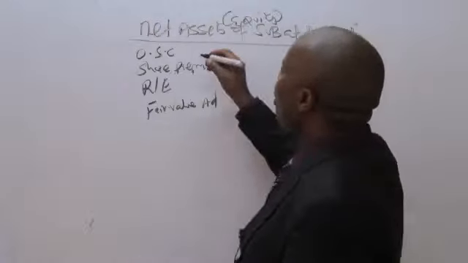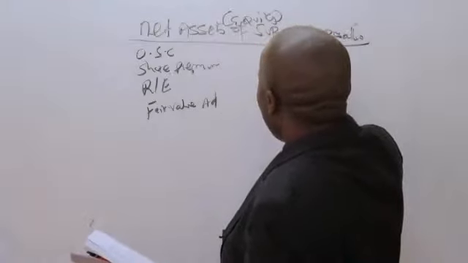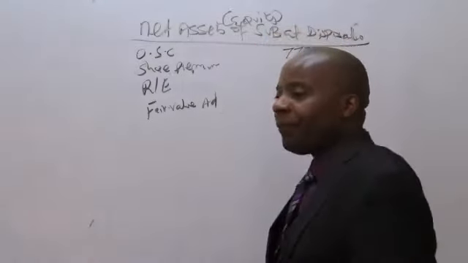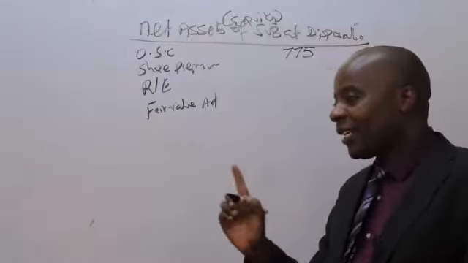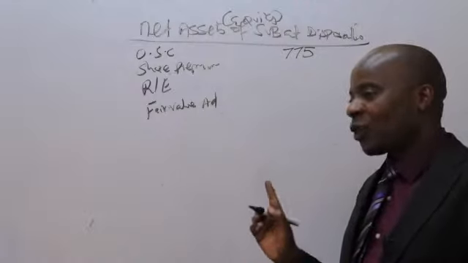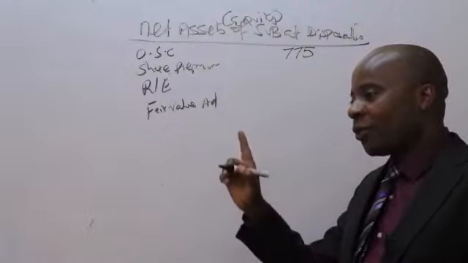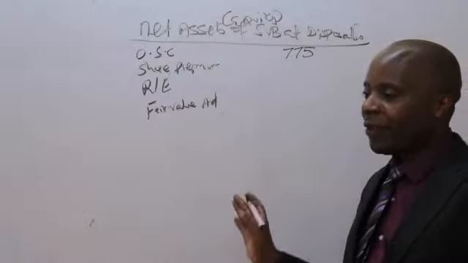what is its ordinary share capital at disposal? It was 700 and what here? 775 at disposal. Remember, ordinary share capital of subsidiaries doesn't easily keep on fluctuating. I'll be showing you how the ordinary share capital of this subsidiary is 775.